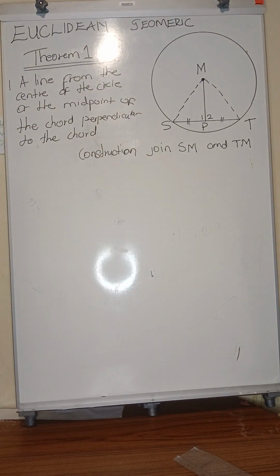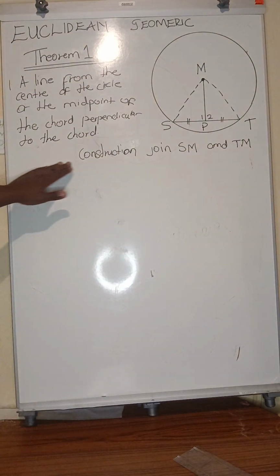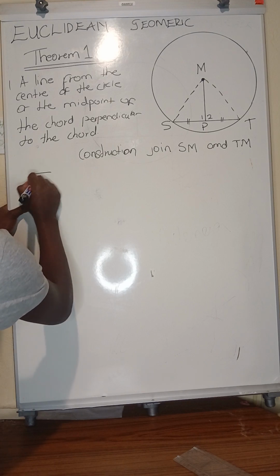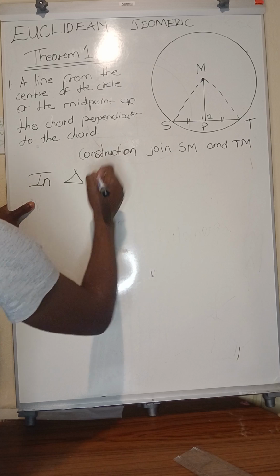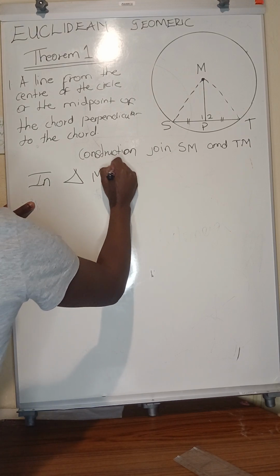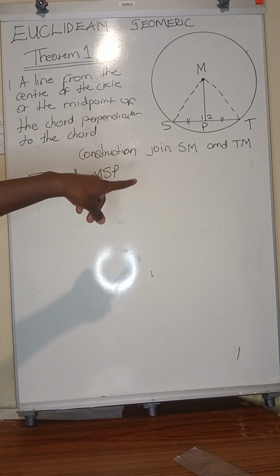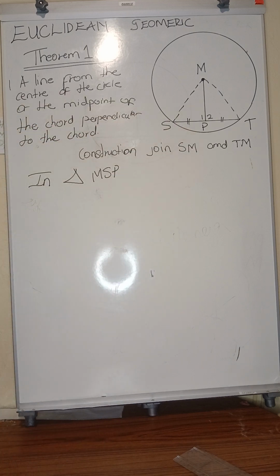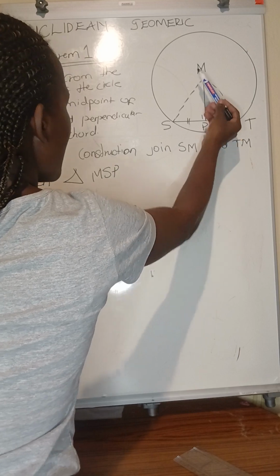So now we are going to prove. When you start to prove, you start by saying what you constructed, and then the second thing you say is: in triangle MSP and triangle MTP.